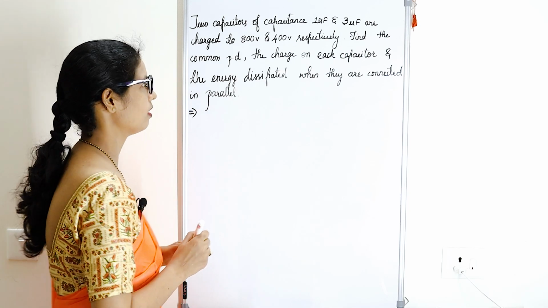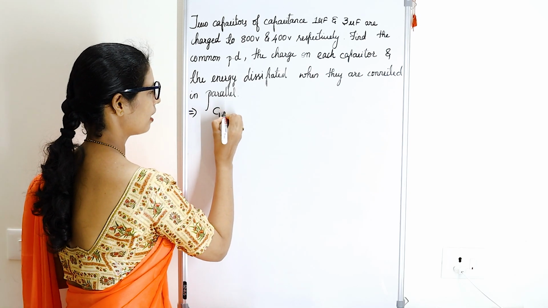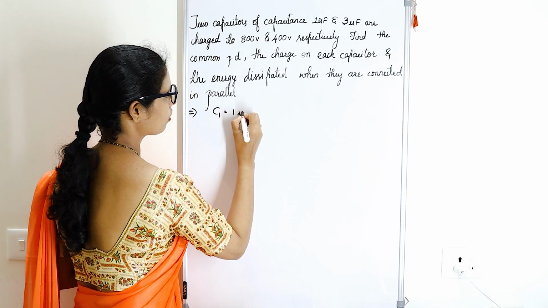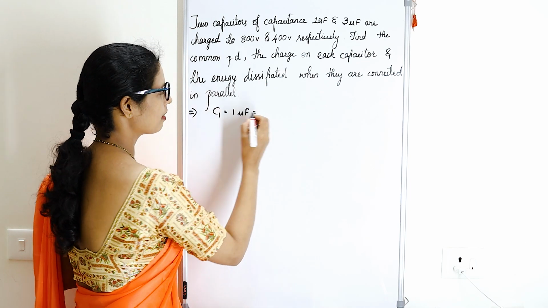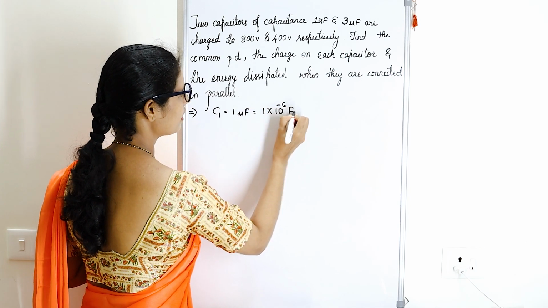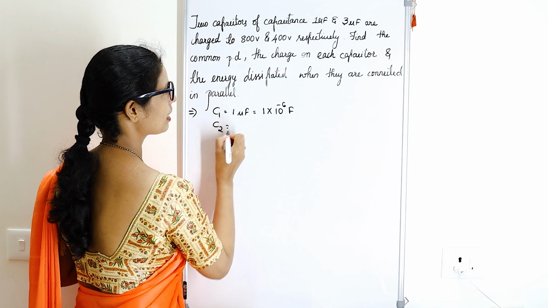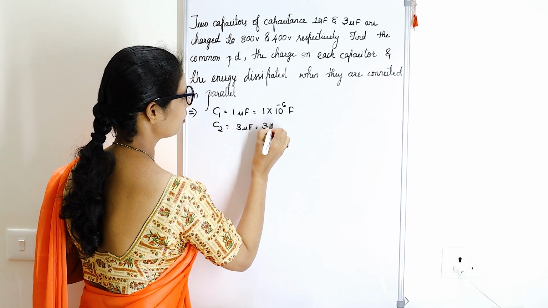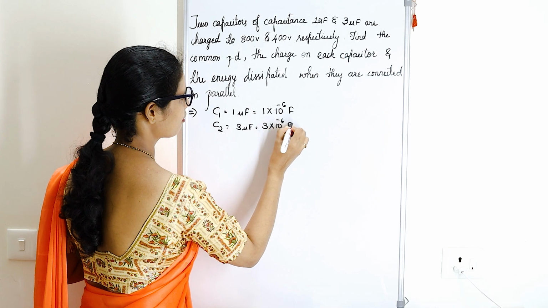I'll write the given part here. The capacitor value is 1 microfarad. You cannot keep it in microfarad, so you'll write it as 1 into 10 to the power of minus 6 farad. And then the second capacitor is 3 microfarad, so 3 into 10 to the power of minus 6 farad.